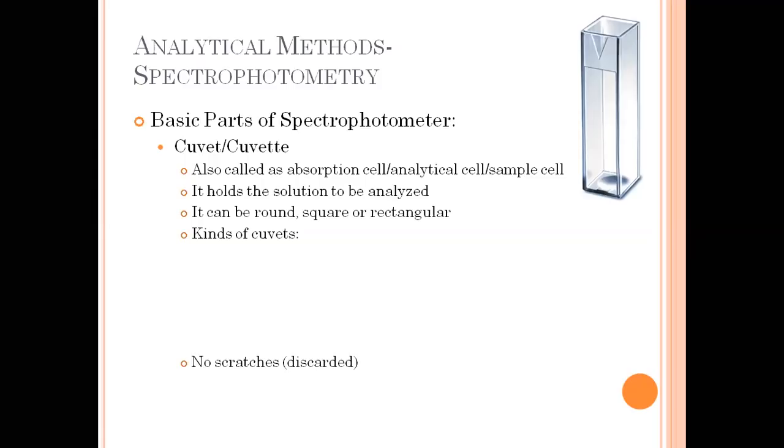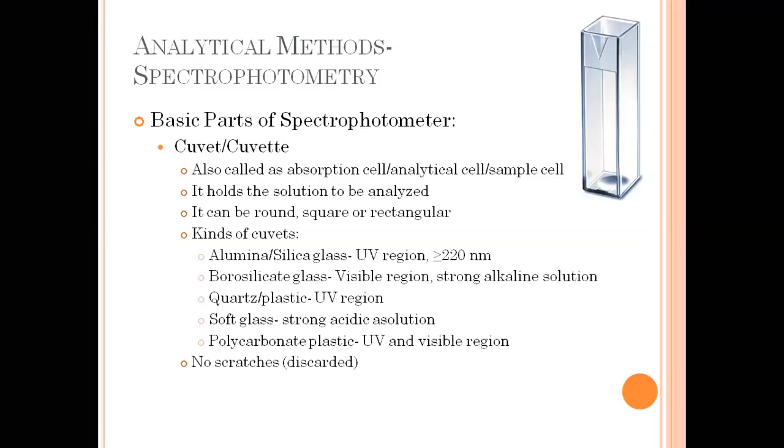So we also have different kinds of cuvette. We have cuvettes made of alumina or silica glass, which are very useful when the wavelength used is in the UV region, or is more than or equal to 220 nanometers. Borosilicate glass is very useful for the visible region, and for measuring a solution that uses a strong alkaline reagent, or strong alkaline solutions.